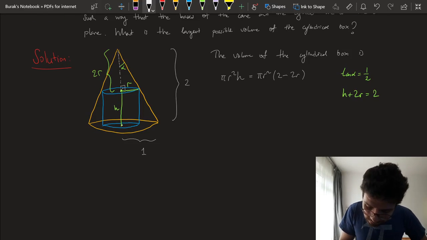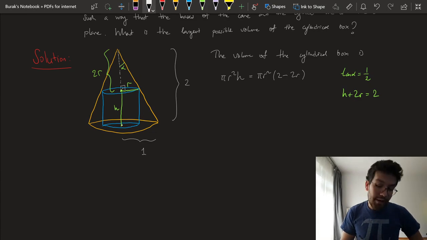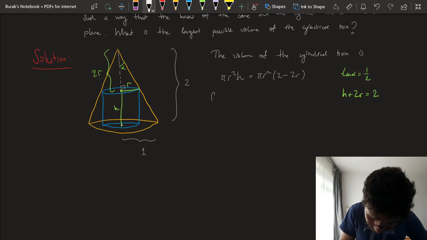Now you see a function of a single variable r. We want to maximize this.